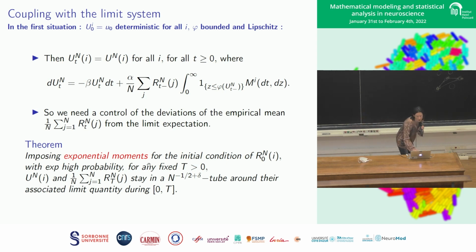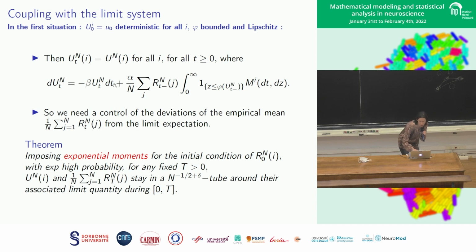So I don't write here the exact formulation, but if we impose that initially we have exponential moments, then both the membrane potential processes and these empirical means of the residual calcium concentrations stay within finite time intervals in small tubes around their limit quantities, the ones of the limit process that I have discussed.